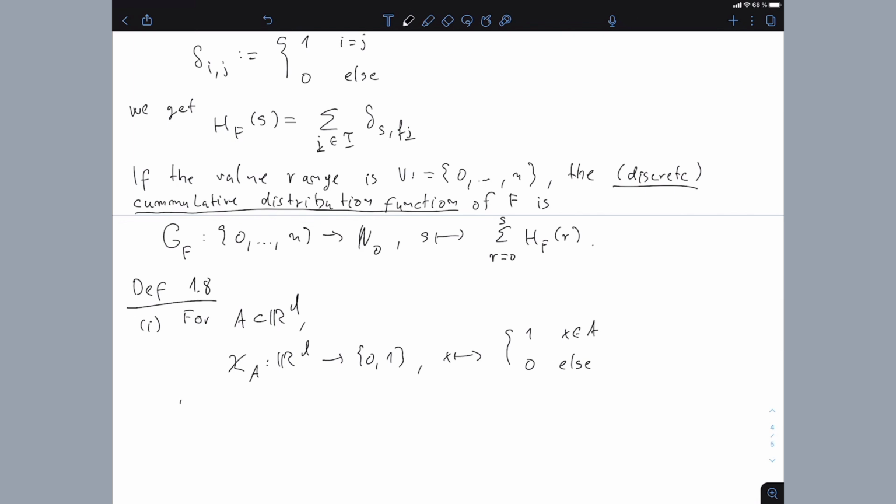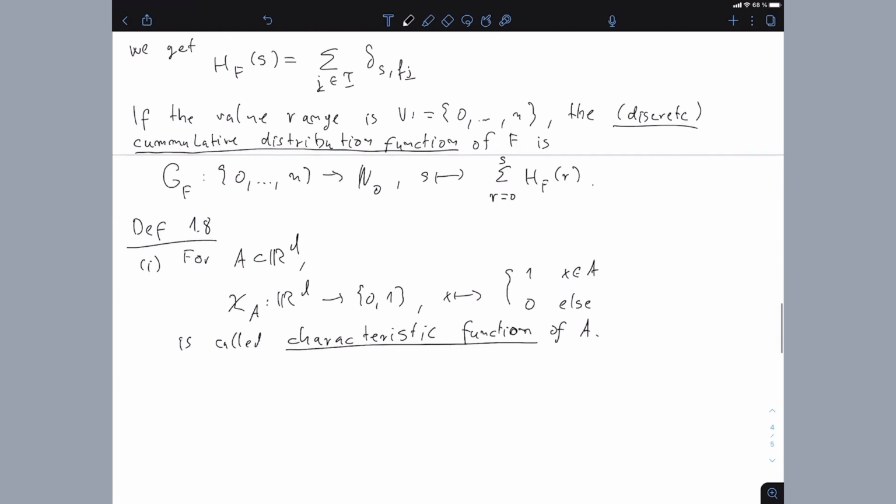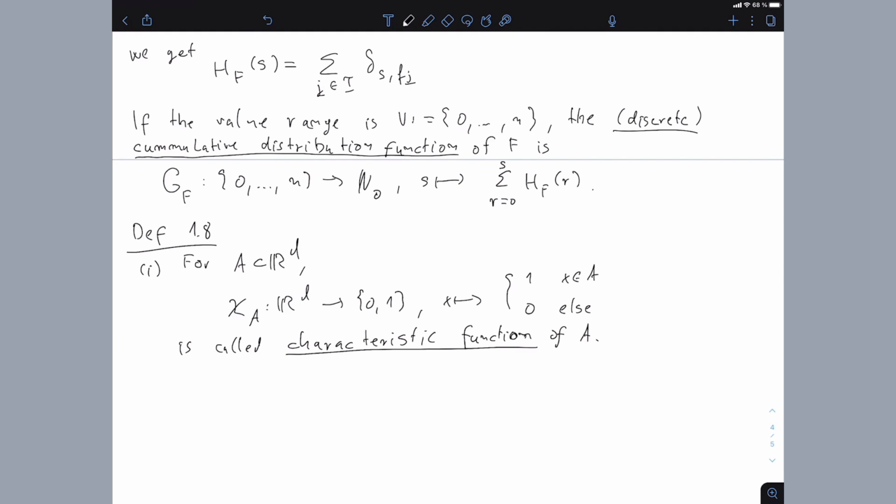So this is called the characteristic function of A. Essentially this is a way to convert a set into a function, but the viewpoints are equivalent.